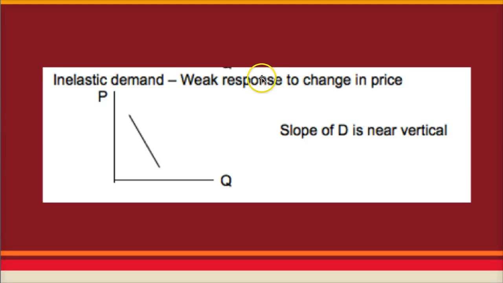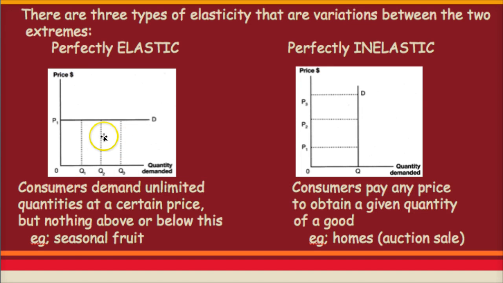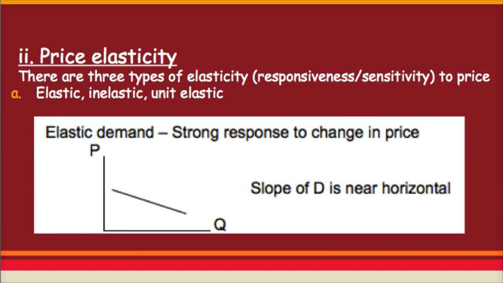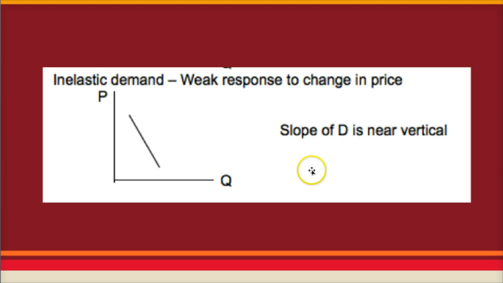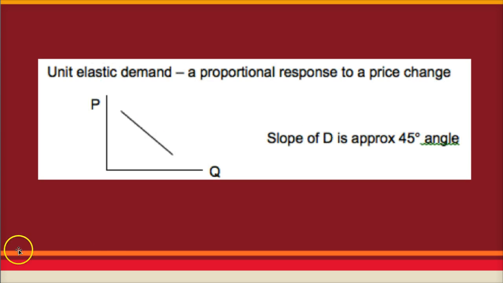Now, the other type of elasticity we refer to. Like I said, we don't see perfectly elastic, we don't see perfectly inelastic, we see a variation of this that we refer to as relatively elastic, and a variation of perfectly inelastic that we refer to as relatively inelastic, and then we have what I like to call one for ones, but that's unit elastic demand.